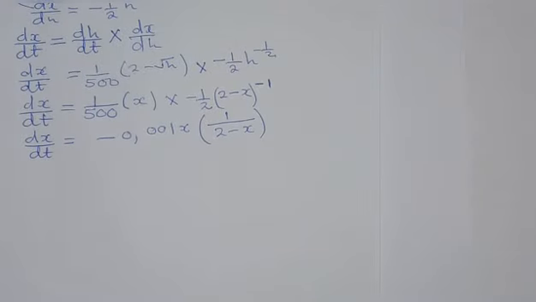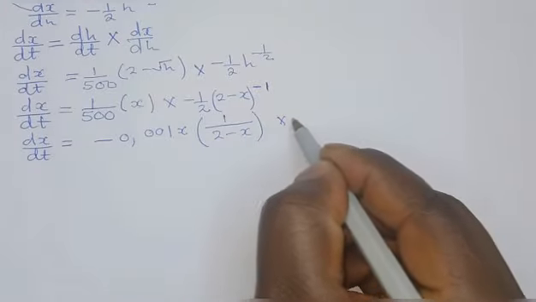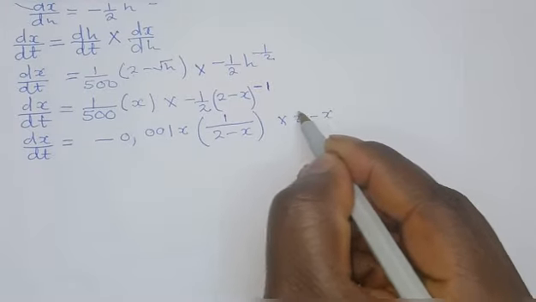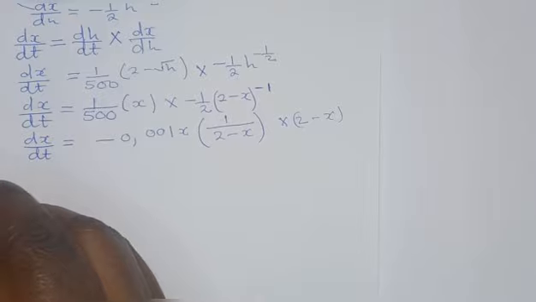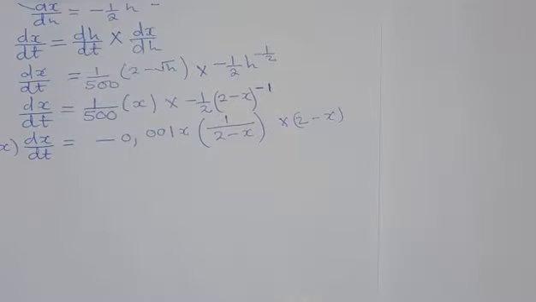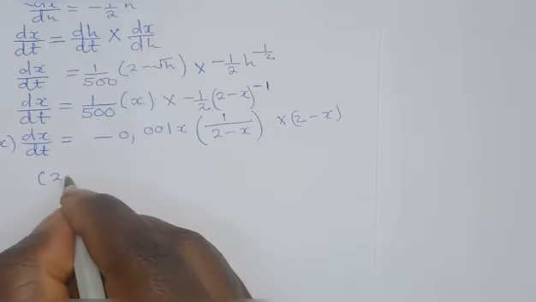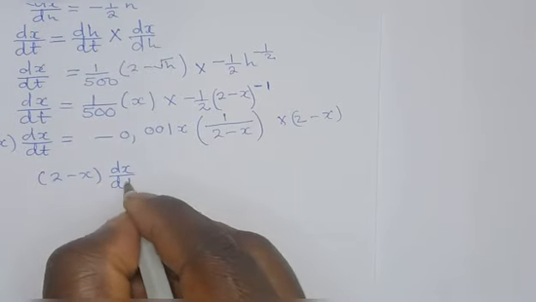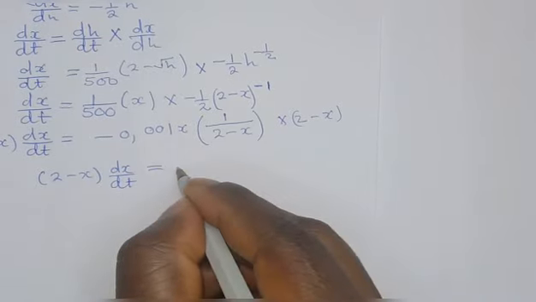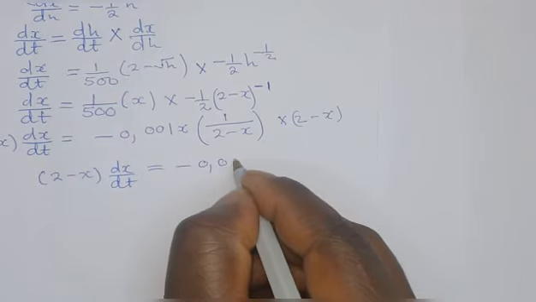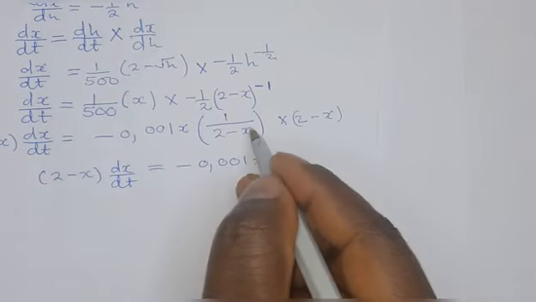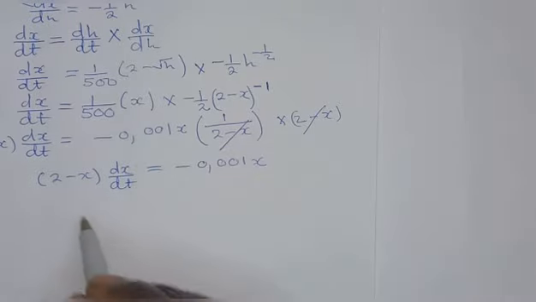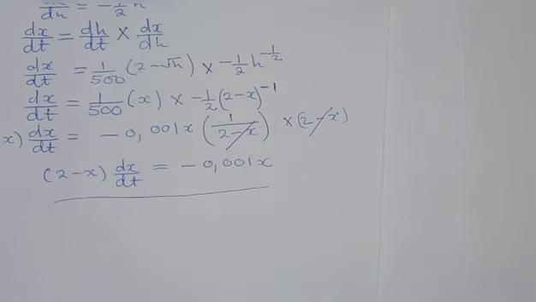Right. Then we multiply both sides by 2 minus x, to get to what is required. So the final answer becomes 2 minus x dx over dt is equals to minus 0.001, since these two cancel, as shown. So that is how it comes out.